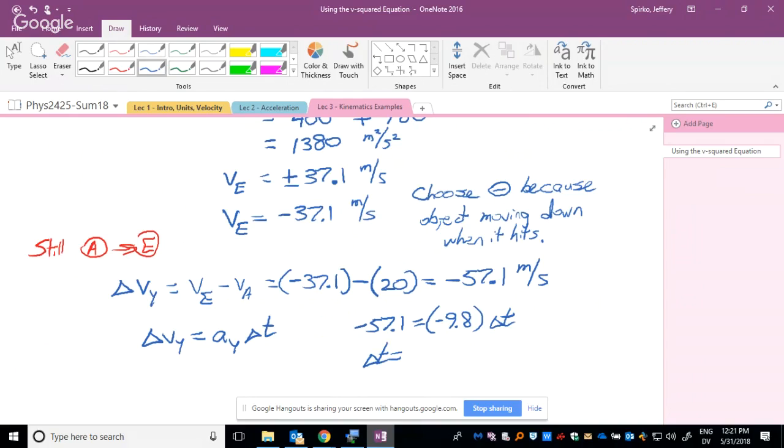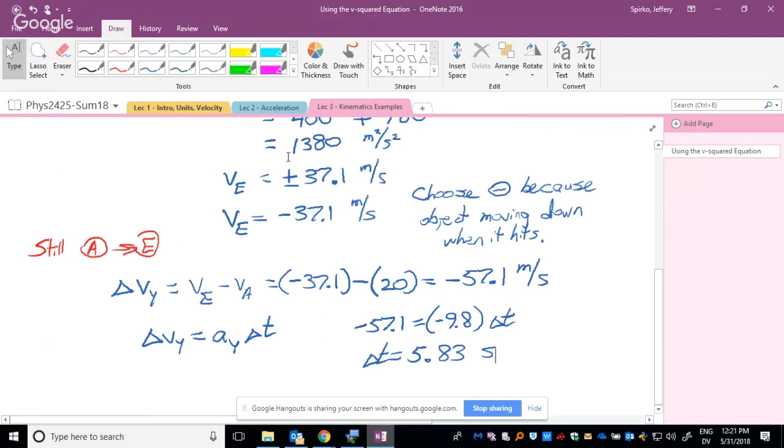Whoops, I forgot to add the 20. So delta t is 5.83 seconds.